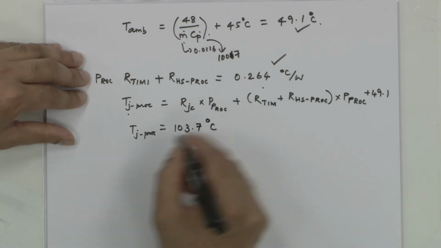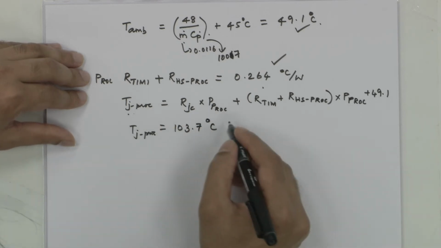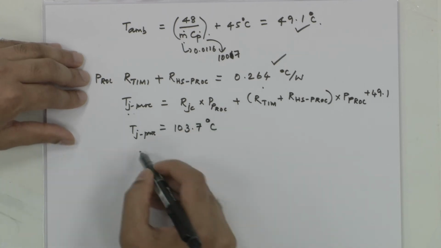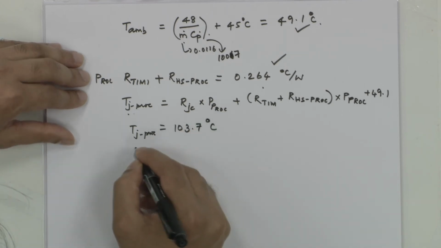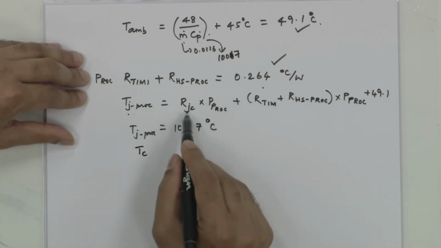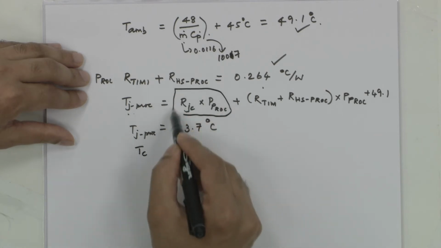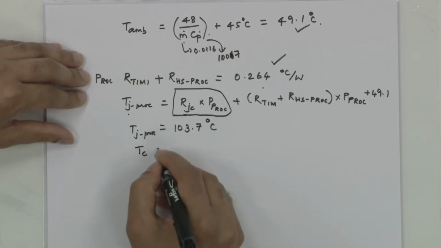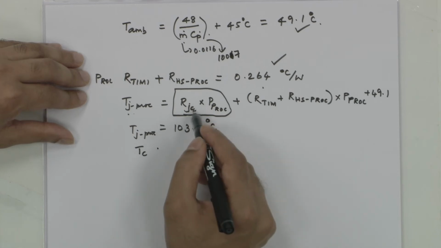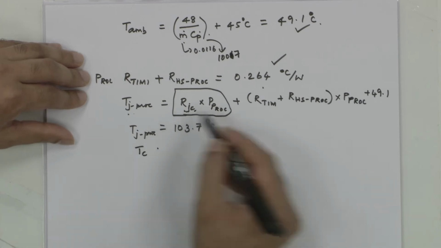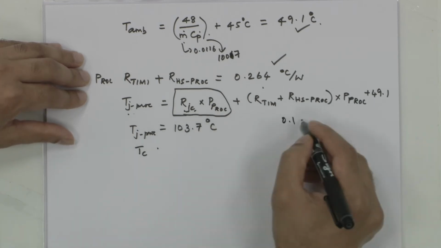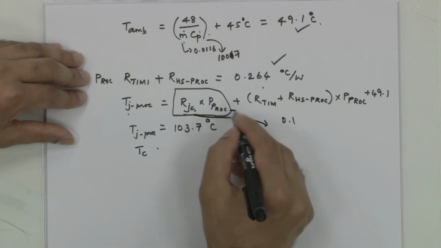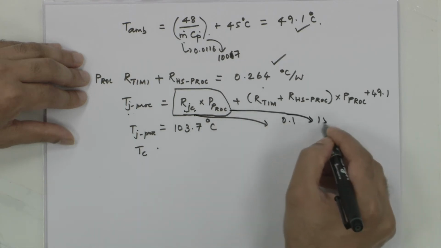Because we are interested in figuring out the case temperature, we calculate it by subtracting the RJC value. RJC is already given as 0.1, and the power is 150 watts.